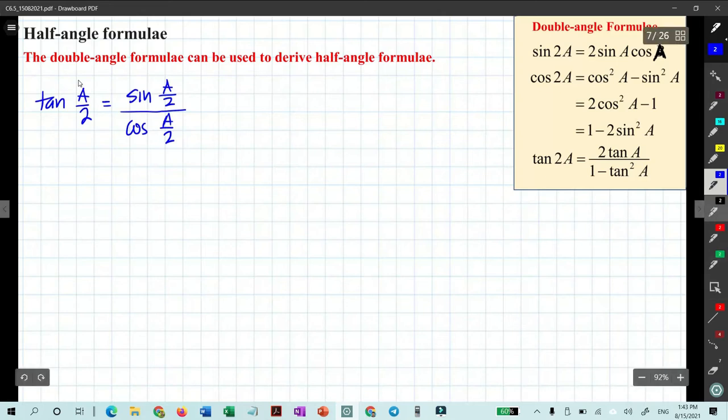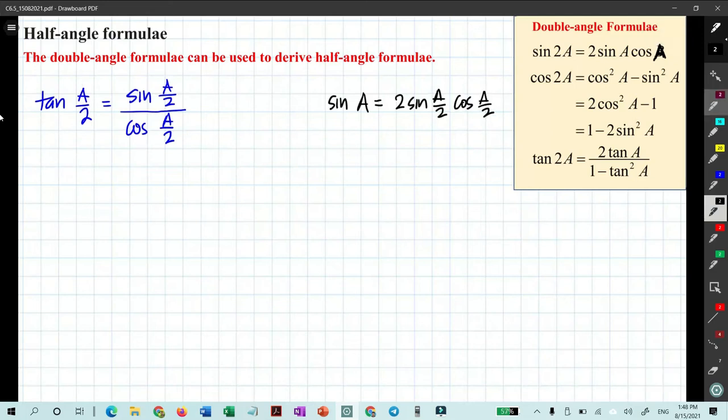And if you look at the double angle formula for sine, sine a can be written as 2 sine a over 2 cos a over 2.